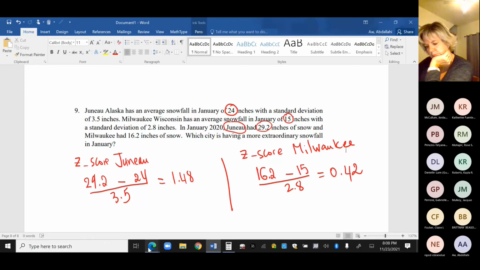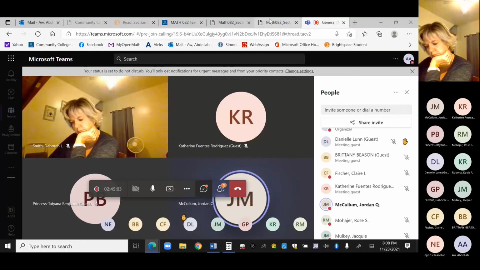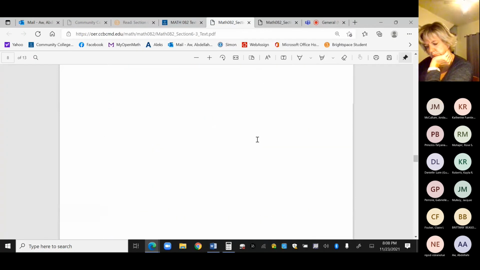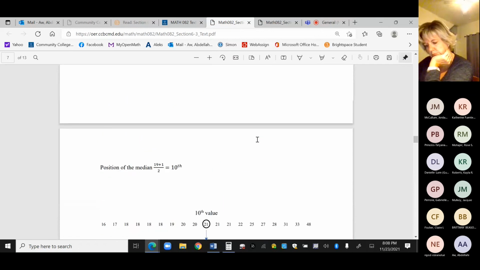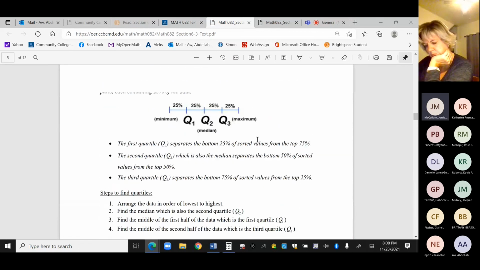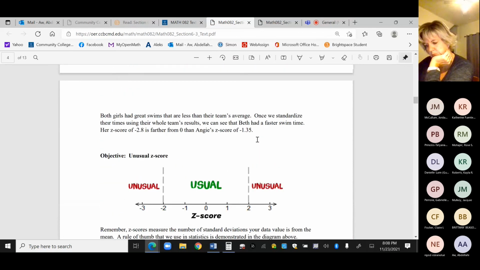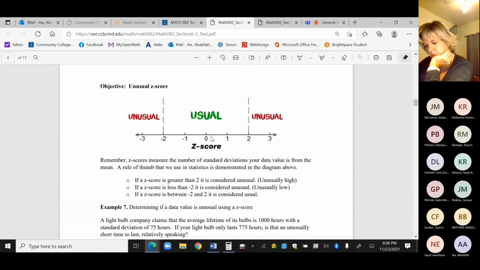What does it tell you about z-score? They tell you if the z-score is in some intervals. Right here, when the z-score is between -2 and 2, it is considered to be usual, right? Even for Juneau, the z-score of 1.48 is not unusual, okay?